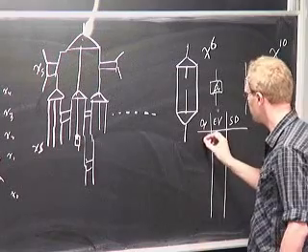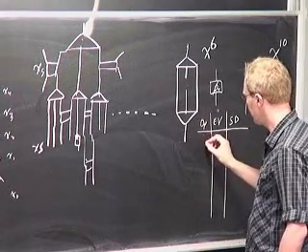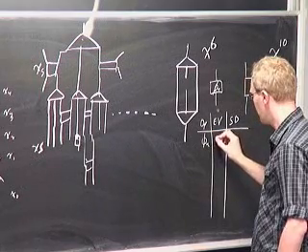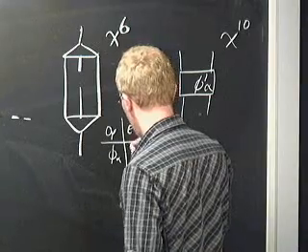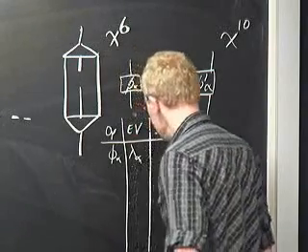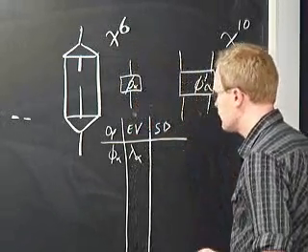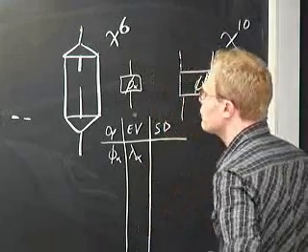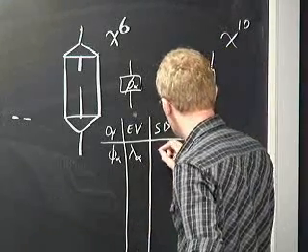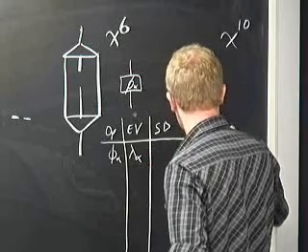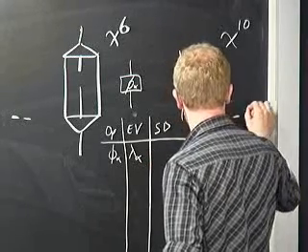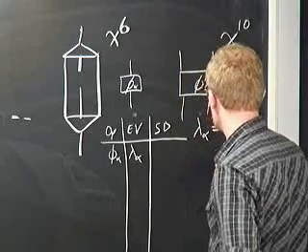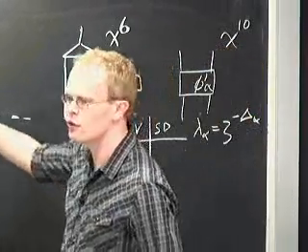So you take your operator phi alpha, and it's got an eigenvalue lambda alpha, and that lambda alpha corresponds to 3 to the minus delta alpha, where delta alpha is the scaling dimension. 3 because we're doing a 3-into-1 coarse graining.